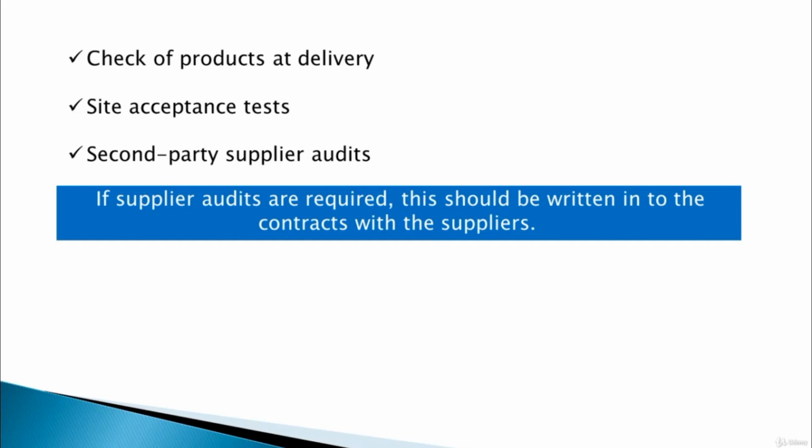And the organization's criteria for determining the need, the type, and the scope of second-party supplier audits must be based on risk-based thinking. As I said before, risk-based thinking is not a standalone act or a standalone event. It's implemented in basically every other requirement.